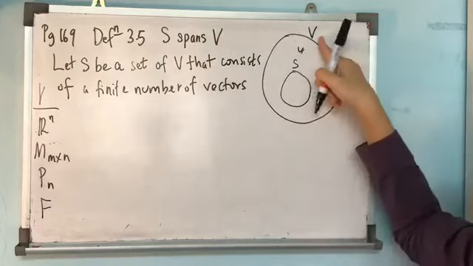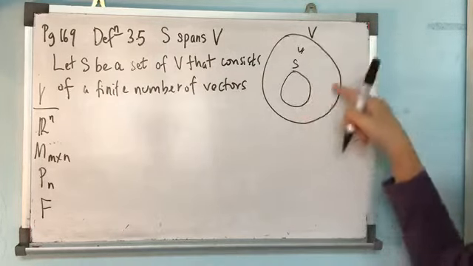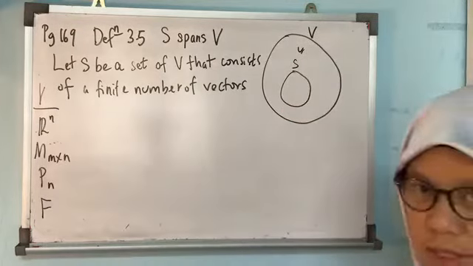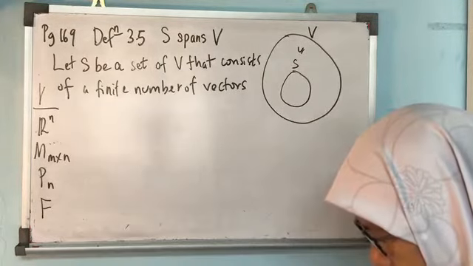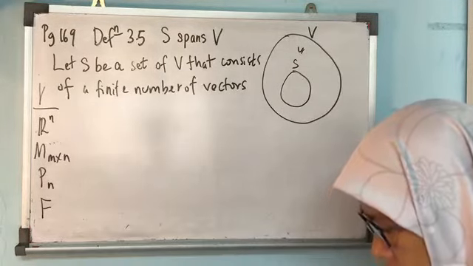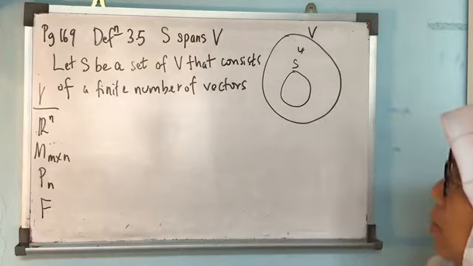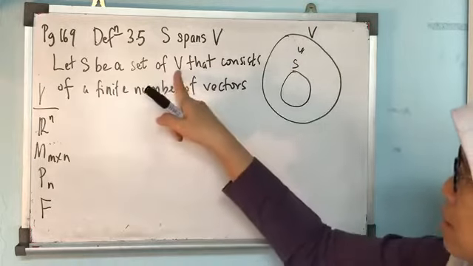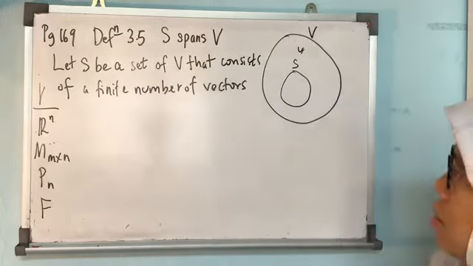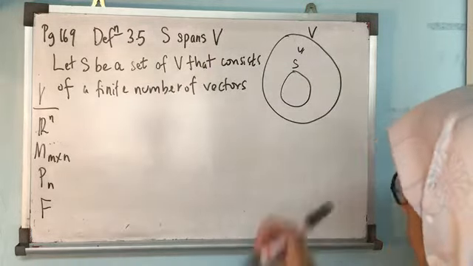Okay, a vector space V, whatever inside the elements, we call it vectors, right? So let S be a set of a vector space V that consists of a finite number of vectors.